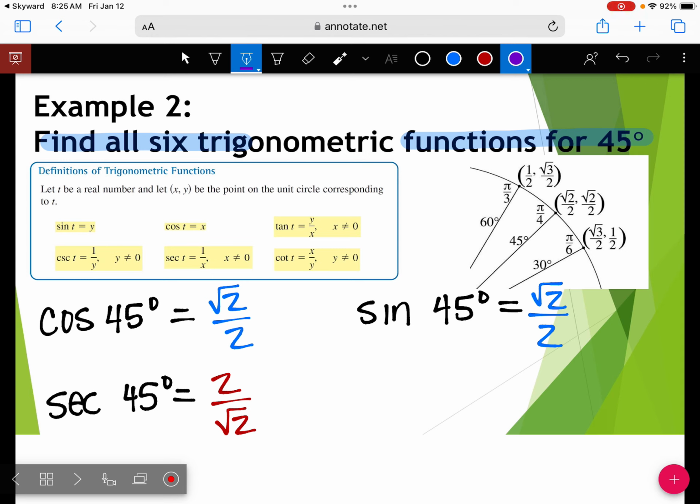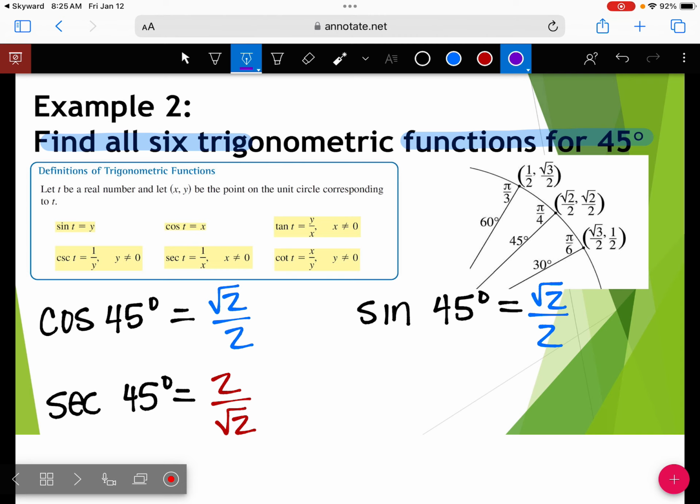And tangent and cotangent. Unless now when you get into quadrants 2 and 4, they have opposite signs. So you have to know that in quadrant 2, they're not both positive. And in quadrant 4, they're not both positive. So you have to pay attention to the sign, positive and negative.